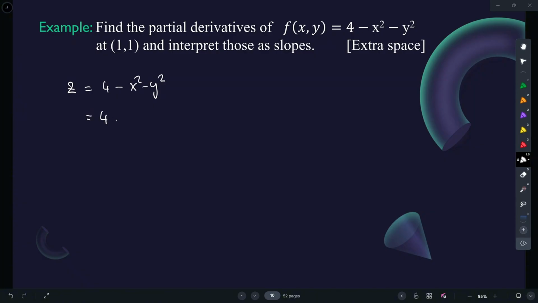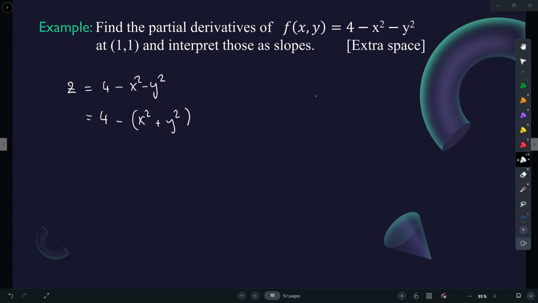So this is 4 minus x squared minus y squared. Forget about the 4 and the minus. z equals x squared plus y squared is a paraboloid. Multiply by minus 1, and now instead of opening up, it opens down. And plus 4, I'm raising it 4 units.